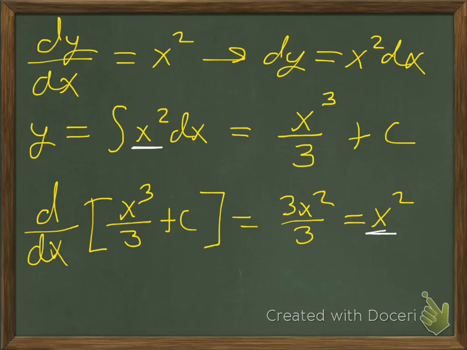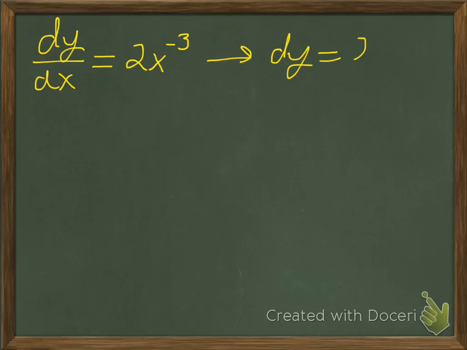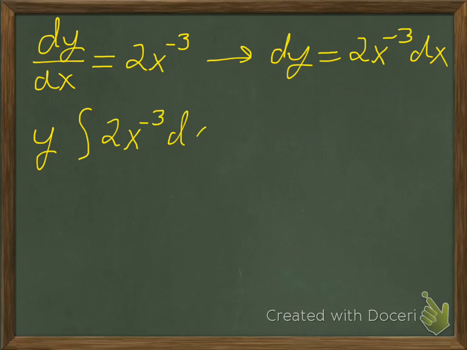Okay, let's try one more. Do something more exciting. dy/dx is equal to 2x to the negative 3. So differential form, dy is equal to 2x to the minus 3 dx. So we solve that, y is equal to the antiderivative of 2x to the minus 3 dx.